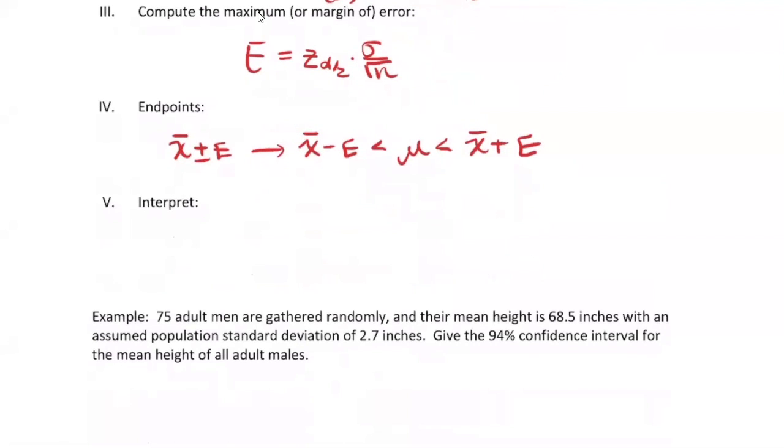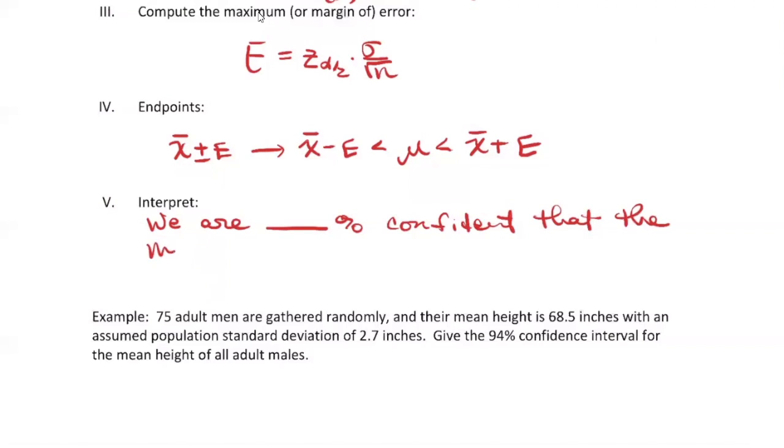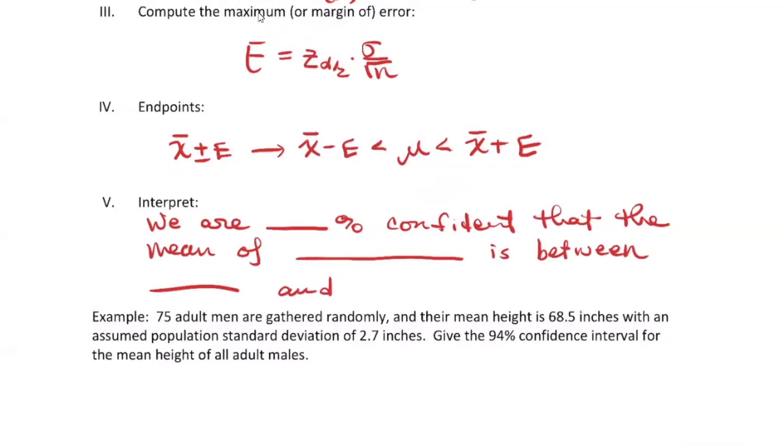And you say that we are blank % confident that the mean of some population is between blank and blank. You should include units there.